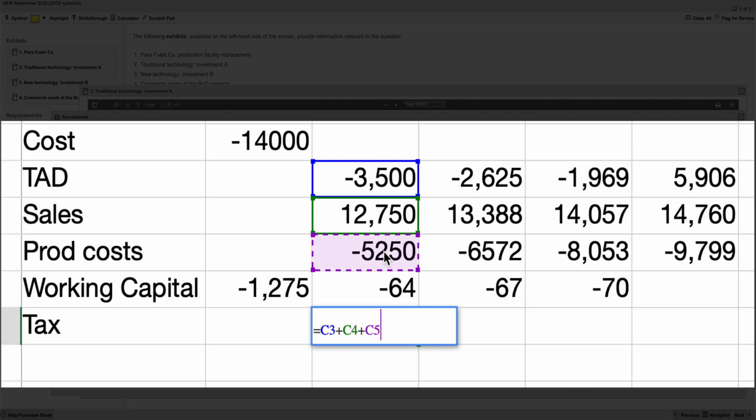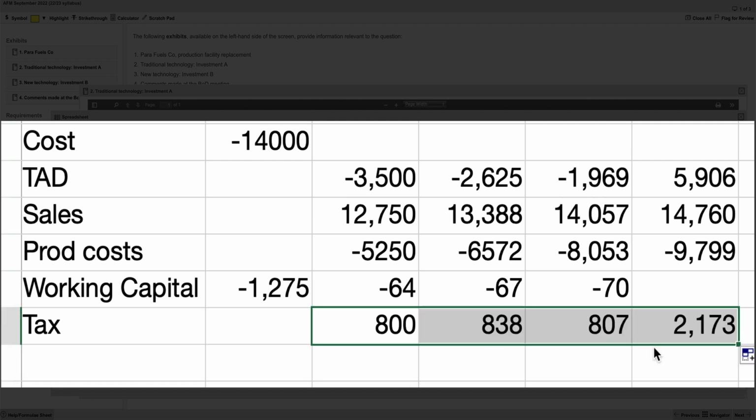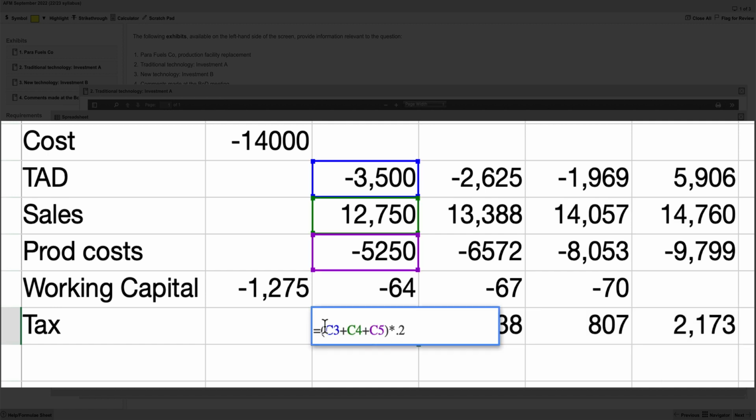Yes, I'd take into account production costs. But no, I wouldn't take into account working capital. So it's all of that, and I think we said 20%, didn't we? Once I've done that, I can just add it all across and I'm done. Only issue is that should be a minus, shouldn't it? Times by negative 0.2 because it's a tax charge.